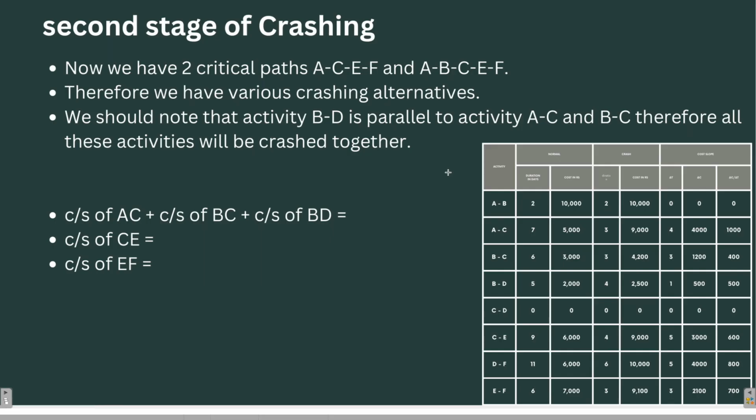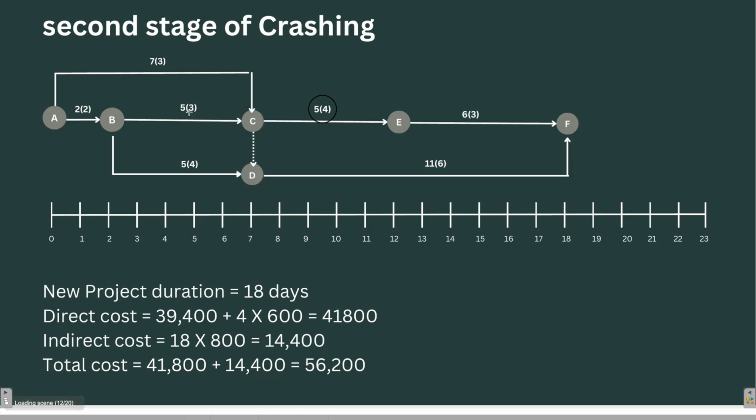So we have to calculate the cost slope. Now we have two critical paths, ACEF and ABCEF. Therefore, we have various crashing alternatives. I have already told you that BD is parallel to AC and BC, and we have to crash them together. So let's first calculate the cost slope of AC, BC, and BD.